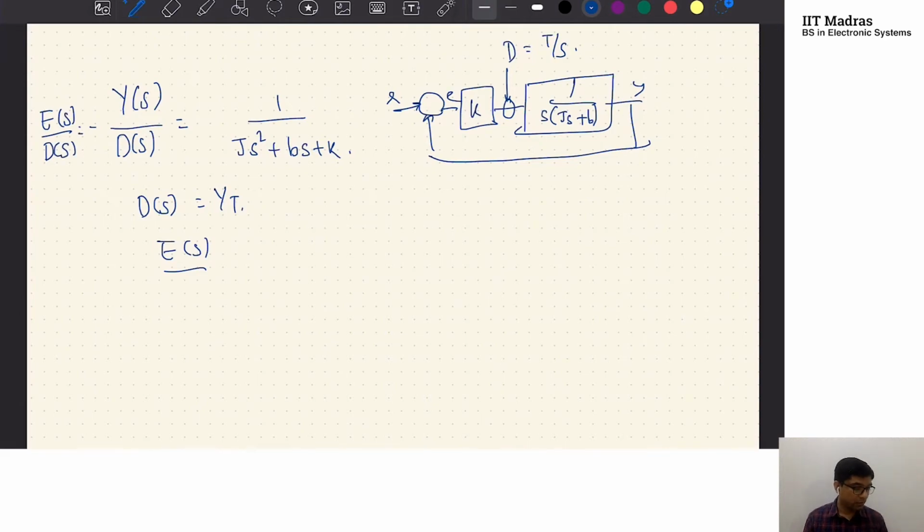I do all the math. The steady state error now, because of the disturbance, becomes minus T over K. So it does not completely reject the disturbance, but it contributes some small offset or some value in the steady state.